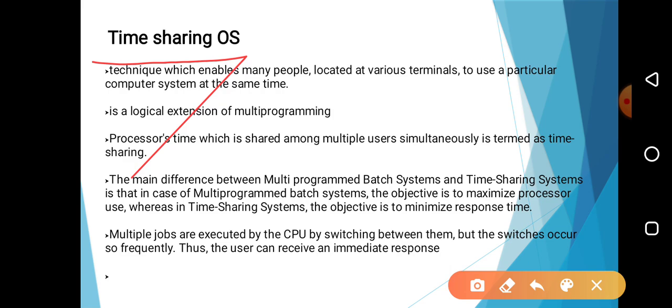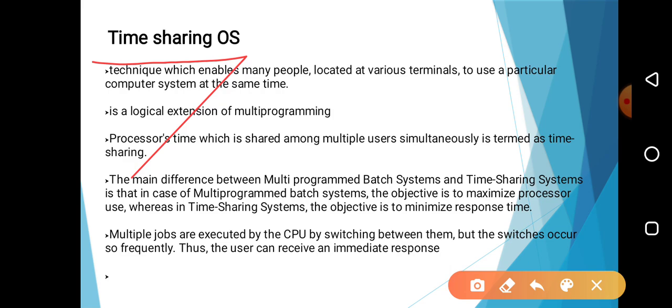For example, in a transaction processing system, the processor executes each user program in a short burst or quantum of computation. That is, if n users are present, then each user gets a time quantum. When the user submits a command, the response time is a few seconds at most.